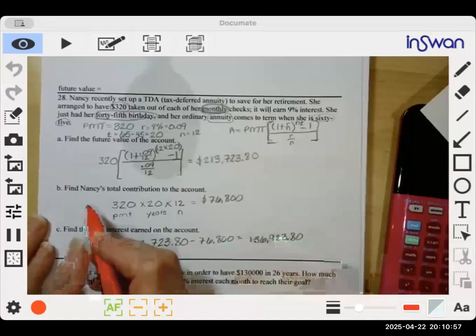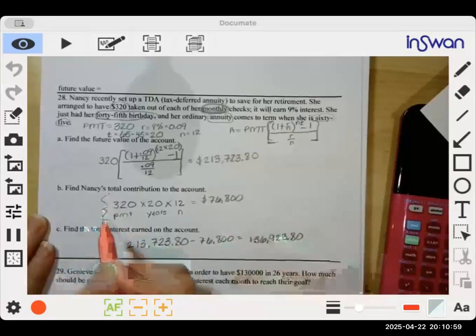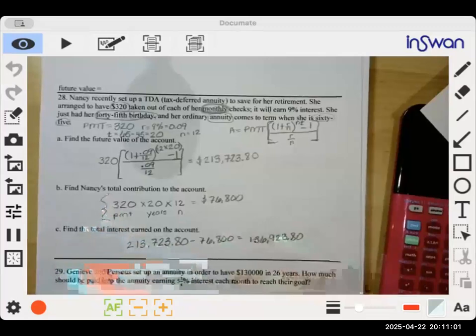So this is the tricky part. You've got to reason this kind of thing out. How much did she pay? How often did she pay it? And how many years? That's not a formula that is given anywhere. All right, any questions on 28?